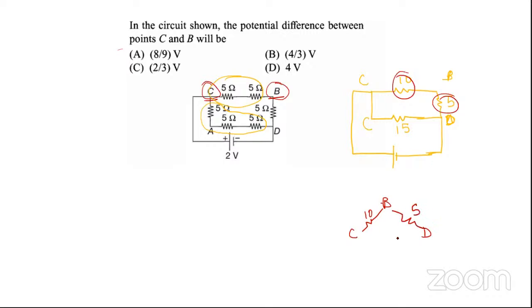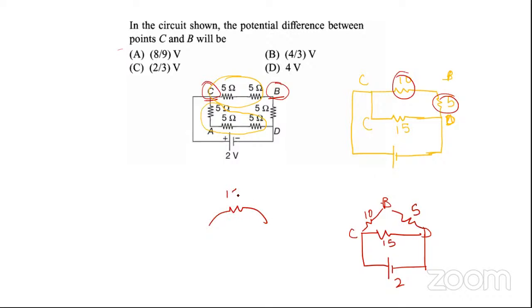There is 5 between B and D and 15 over here. And this is between C and D with 2 volts. Alright, now we can see 10 and 5 are in series.